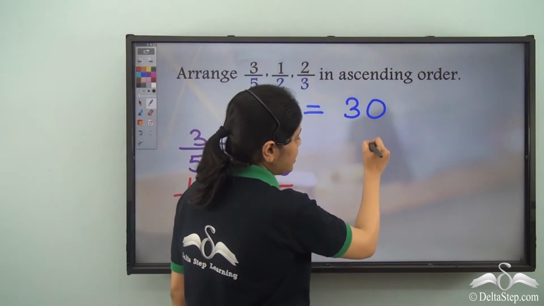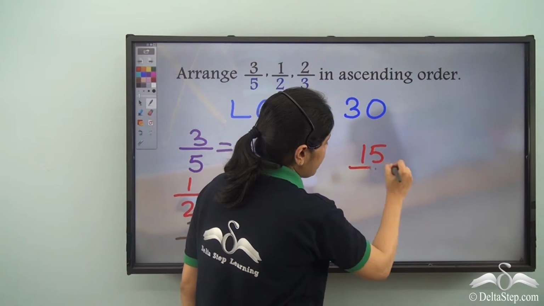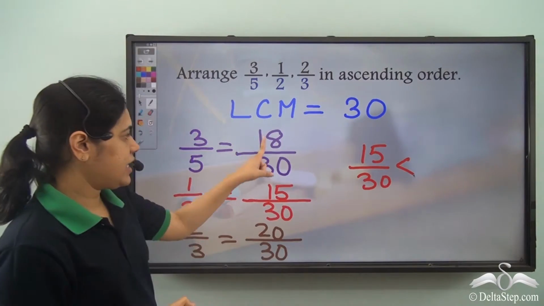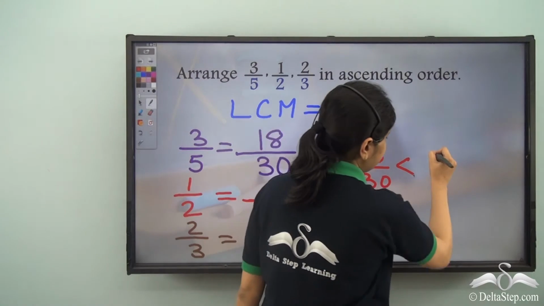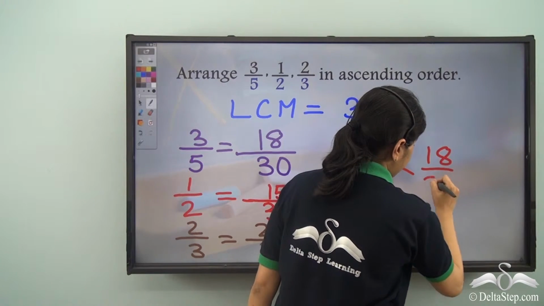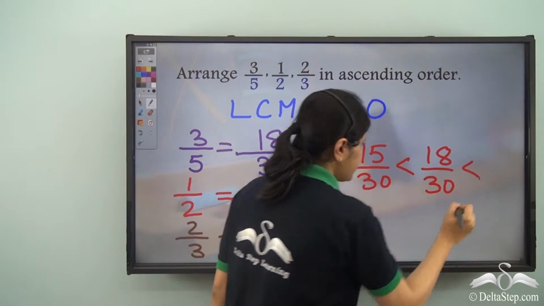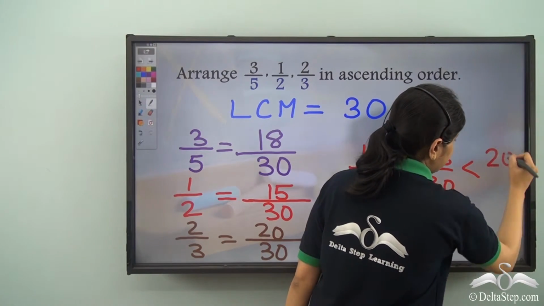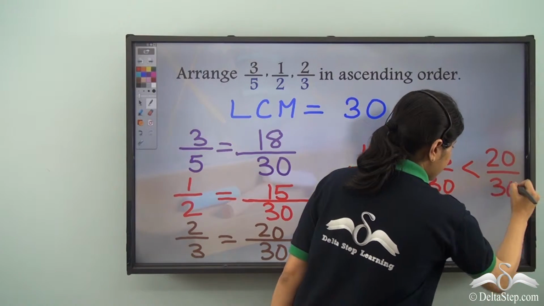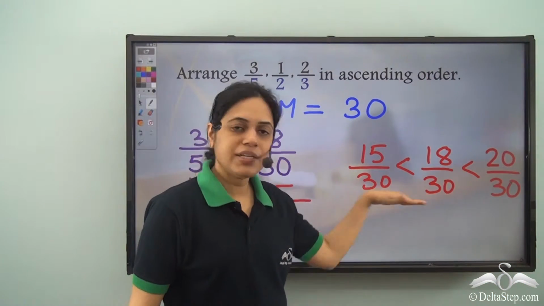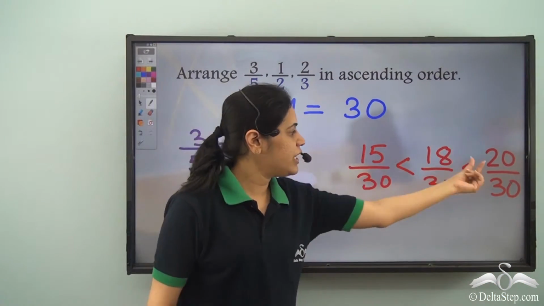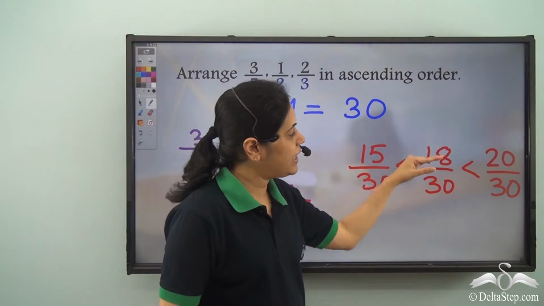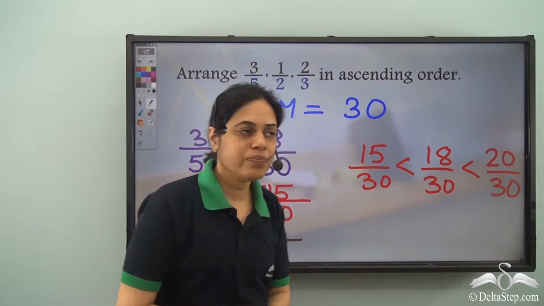So I can write 15 by 30 is less than 18 by 30, which is less than 20 by 30. So see, the denominators are the same, but the numerators are increasing. So 15 is less than 18 and 18 is less than 20.